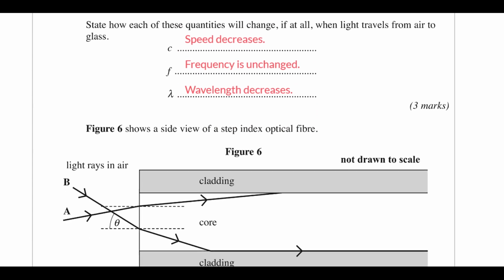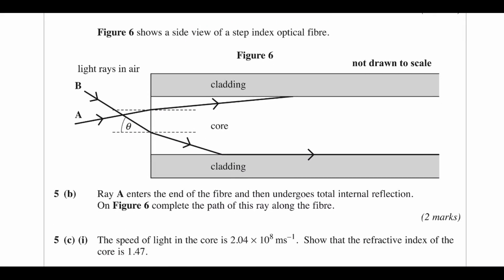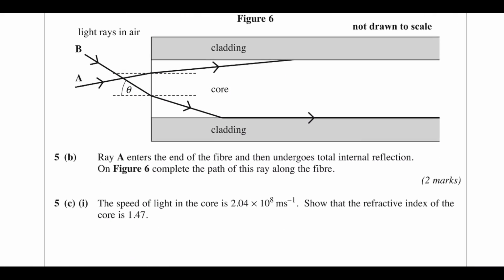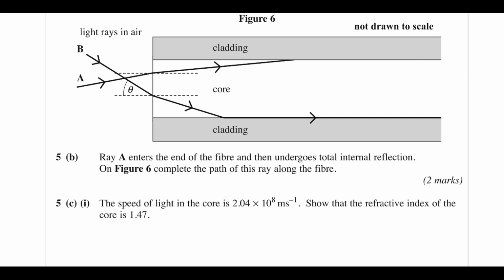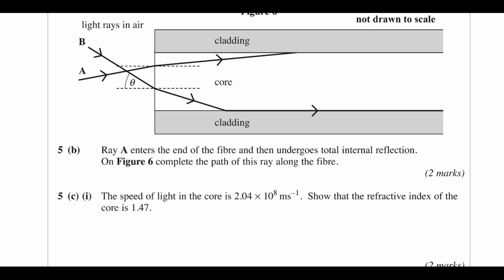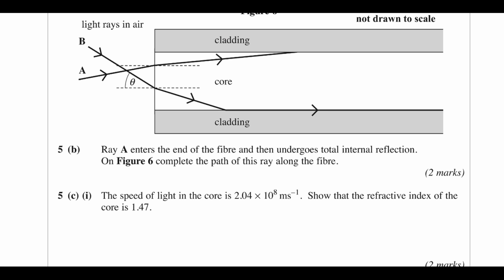So if we look at a side view of an optical fibre, this question looks very similar to one we had a couple of years ago. We've got two light rays going in, and we've got a core, our cladding, the key parts of an optical fibre. So ray A enters the end of the optical fibre and then undergoes total internal reflection. Complete the path of this ray along the fibre.